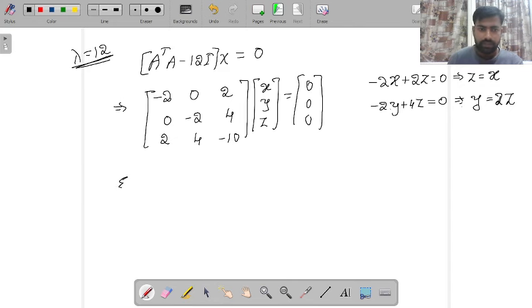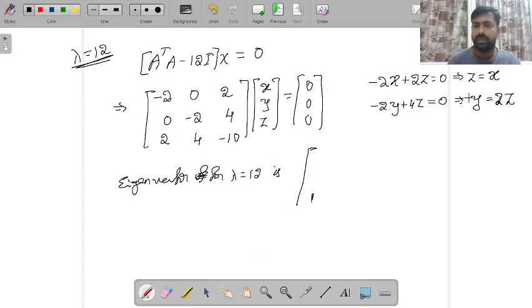So from this, therefore, the eigenvector for lambda equal to 12, let me take z equal to 1. When z is 1, definitely x is 1, y is 2.